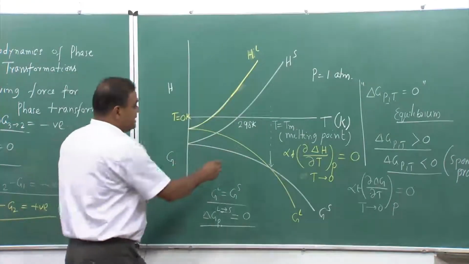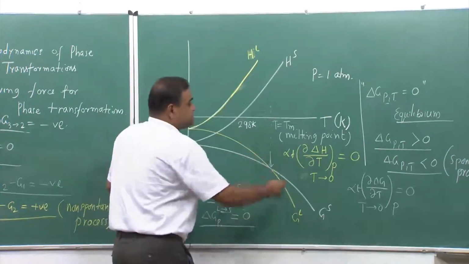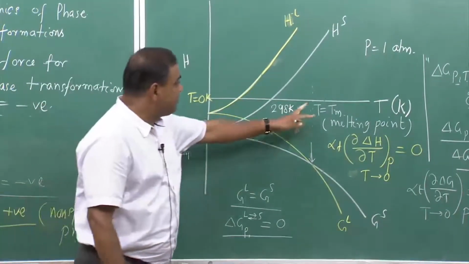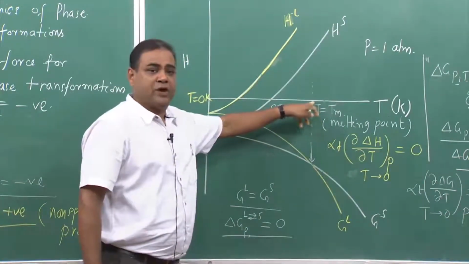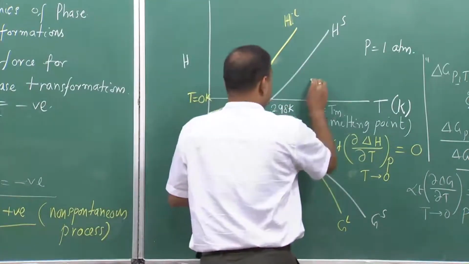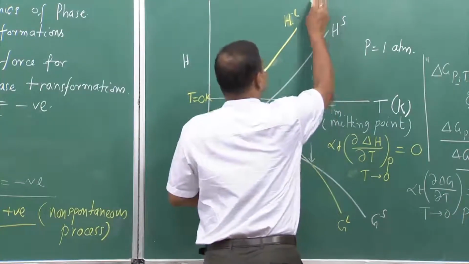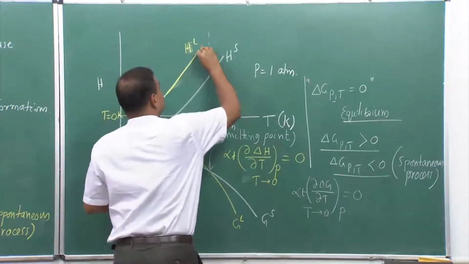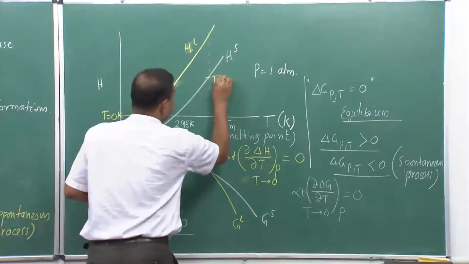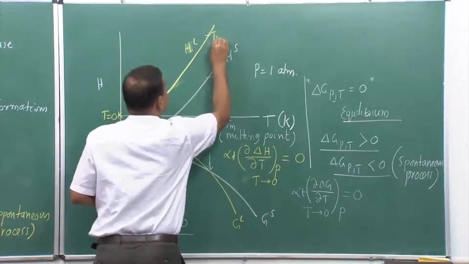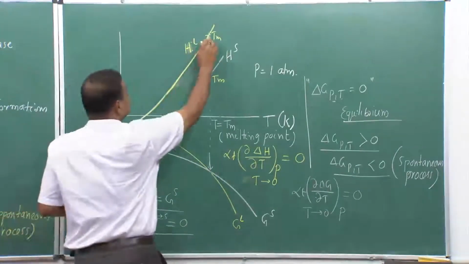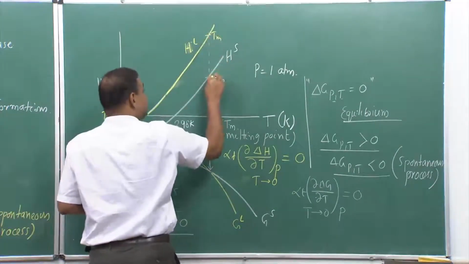We have seen that at this point free energy change is 0, that means it is an equilibrium, and that equilibrium point is nothing but the melting point. Now, if we extend it, this is also Tm, this is also Tm, because at the same temperature, and this is my HL, this is HS.